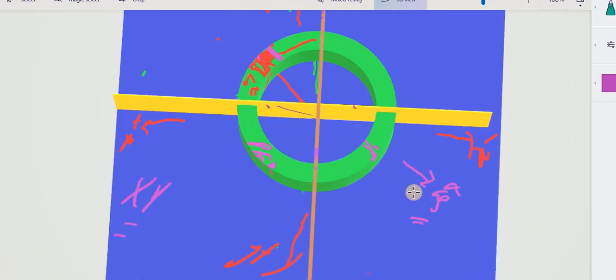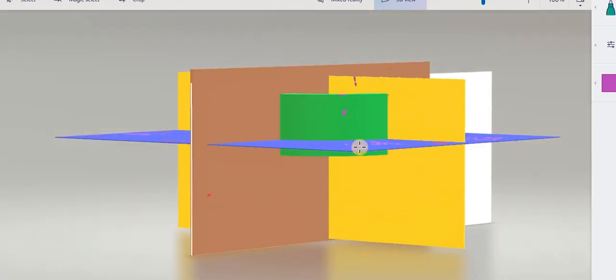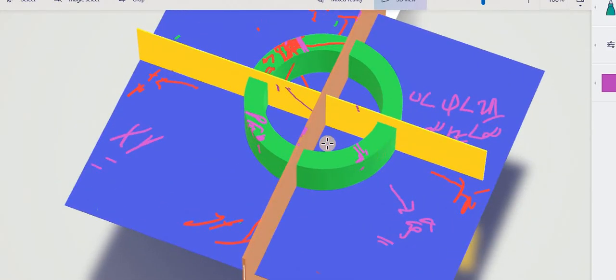Now phi is changing from 0 to 2 pi and z is from minus infinity to plus infinity. So z goes in this direction, and phi from this to this.